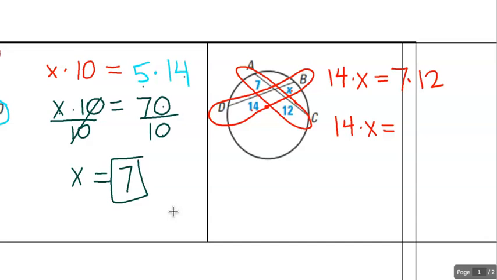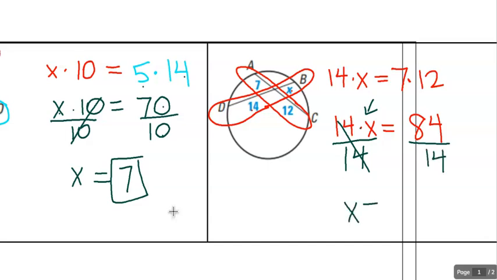And 7 times 12 is 84. So once again, if we want to solve, we're concerned with the side that has x on it, and we want to do the opposite math operation of what we want to move. So we want to move the 14, so we divide, because that's the opposite of multiplying. We divide by 14 on both sides.